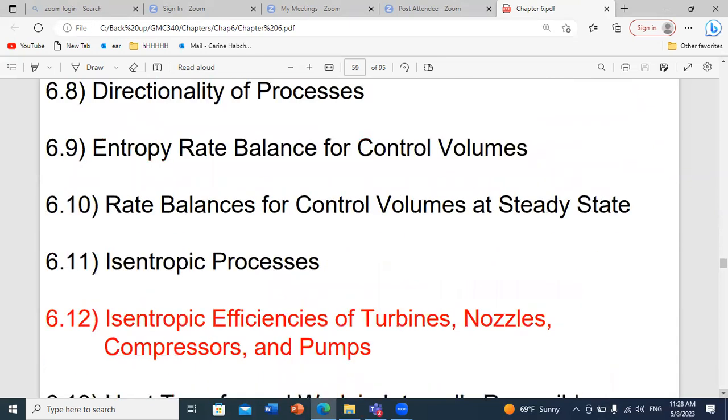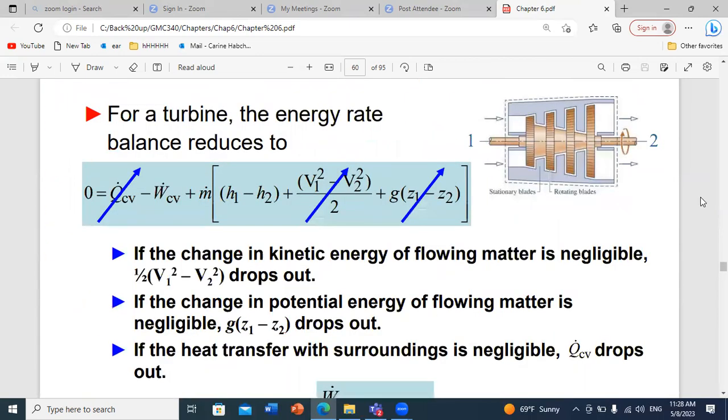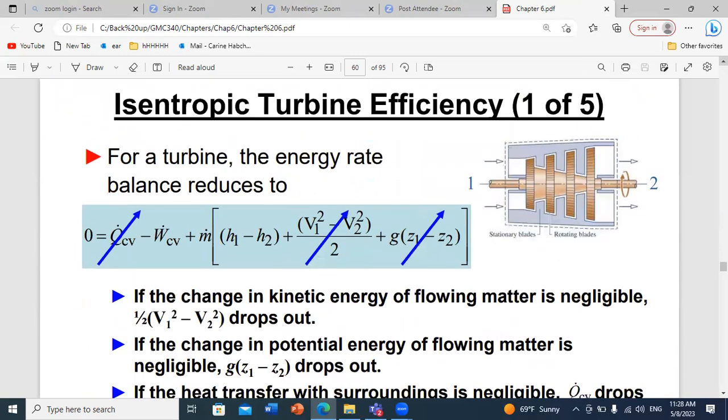Now, let us apply how we can use isentropic efficiencies for devices like turbines, nozzles, compressors, and pumps. First, what do we mean by isentropic efficiency? The isentropic efficiency gives you the performance of the device relative to the best performance.